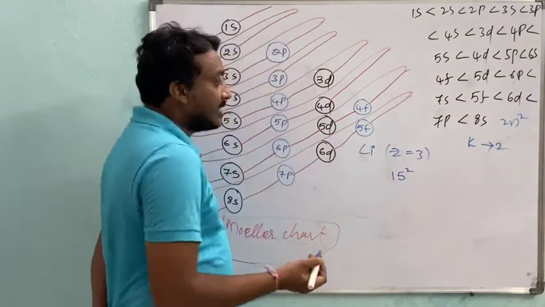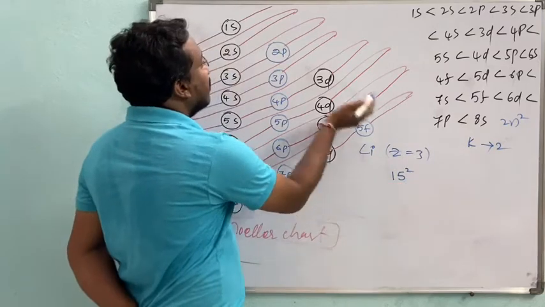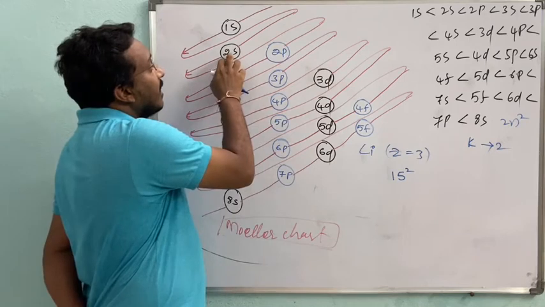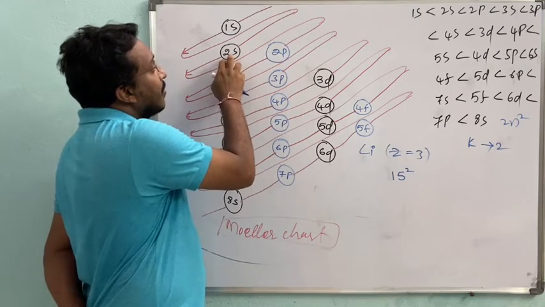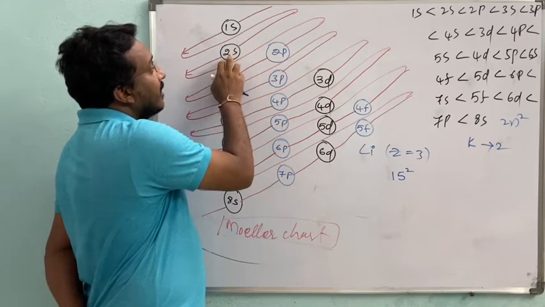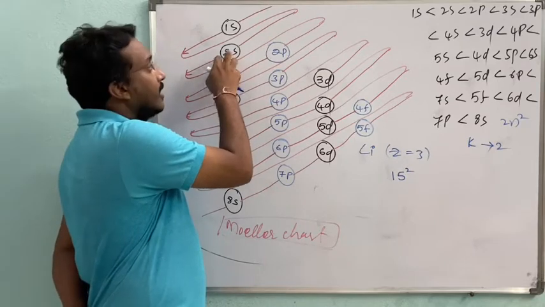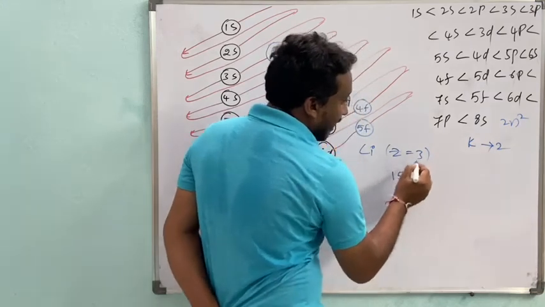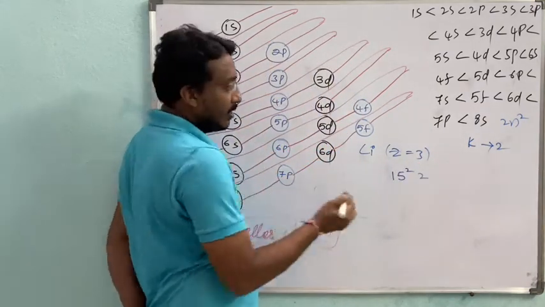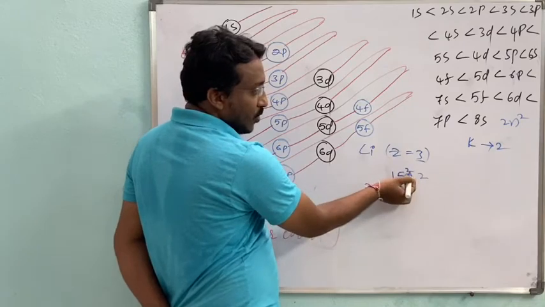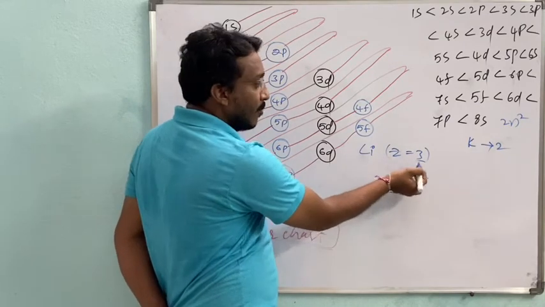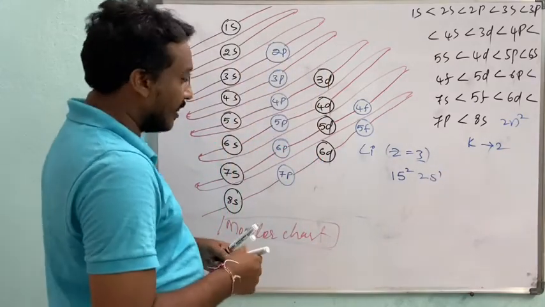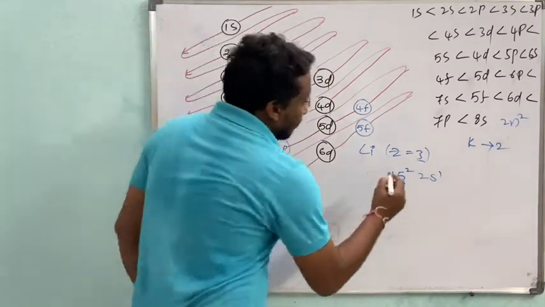1s2. After 1s, the electron should enter 2p or 2s. It should enter 2s. Why? Because comparing these two, 2s is lower energy, right? In the lower energy we have to fill it. How many electrons are left? Only 1. Out of 3 electrons, 2 are filled in the first shell and 1 in the second shell. That becomes 2s1.